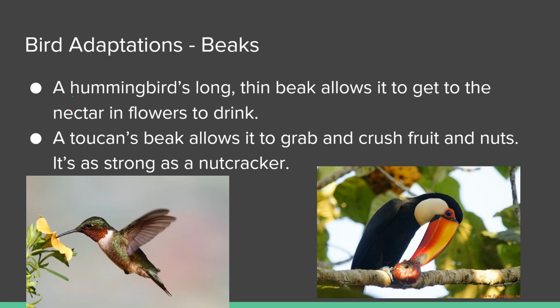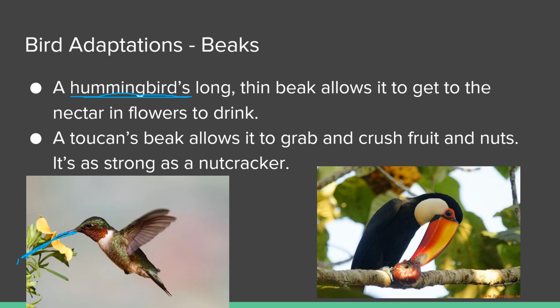Another example, a hummingbird. A hummingbird doesn't drill into a tree for insects, doesn't scoop up fish. It actually has a long, very thin beak that works kind of like a drinking straw, allows it to get into the nectar inside of the flowers to slurp and drink that up. Hummingbirds live off of nectar, and this really long beak allows it to reach all the way to the inside of the flower.